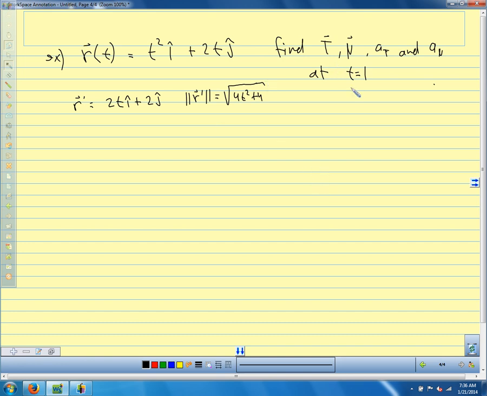And we want these quantities at t equals 1, so r prime of 1, to find T, our unit tangent vector at t equals 1. r prime of 1 is 2i plus 2j, and the magnitude of r prime at 1 is going to be square root of 8, or 2 square root 2.